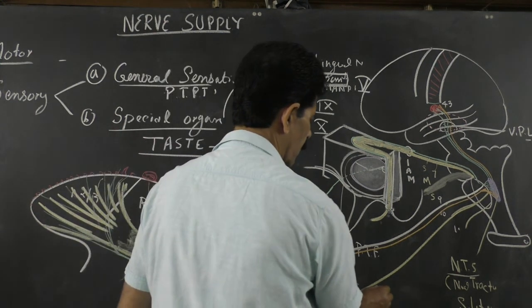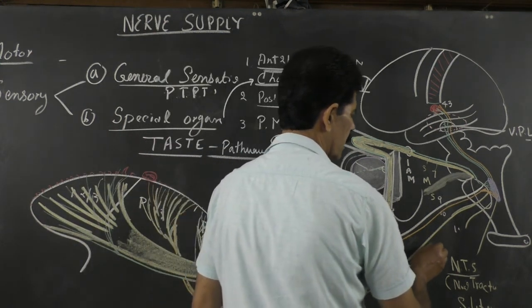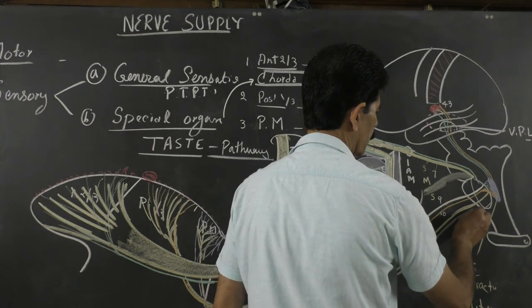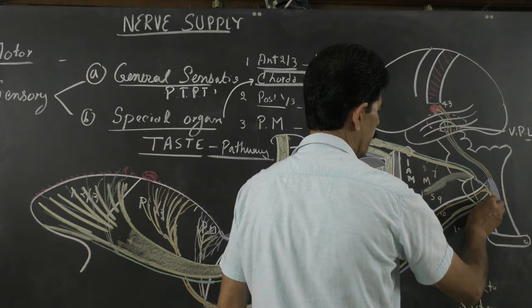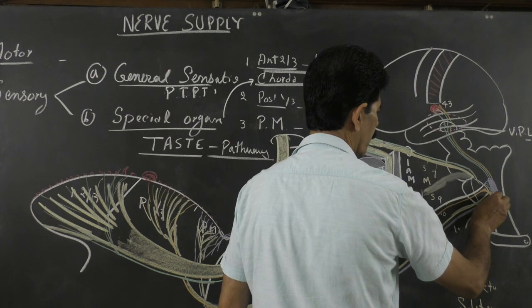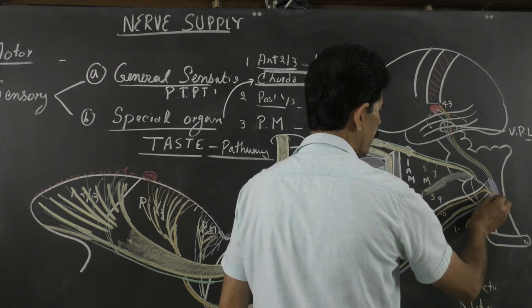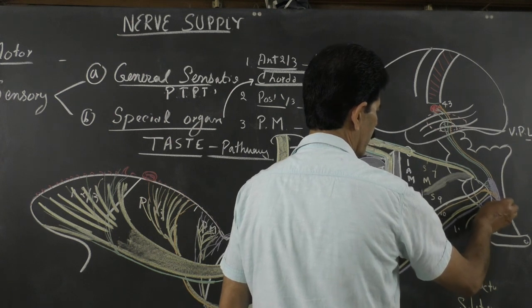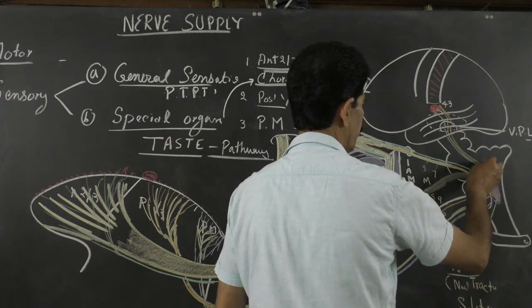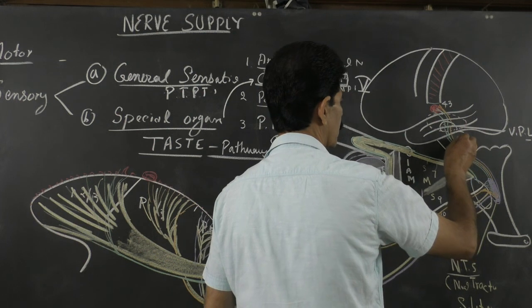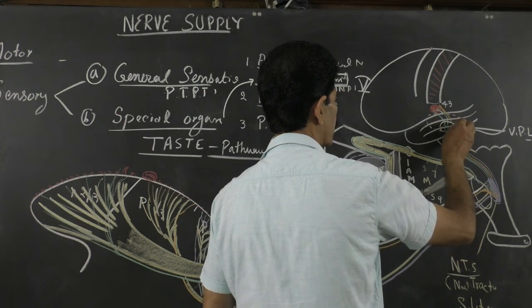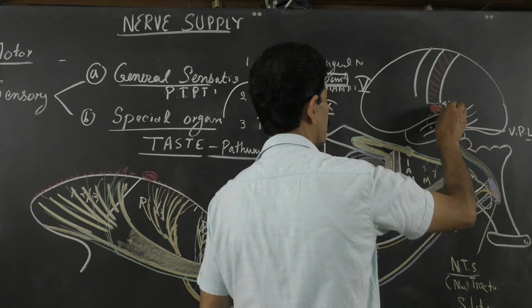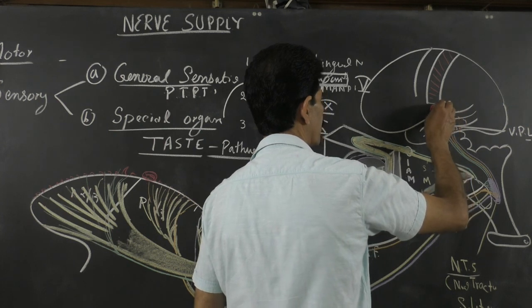And these taste fibers also go inside the brain through the exit point of the vagus nerve, and they relay in the lowermost part of the nucleus, from where the same fibers and same course as the chorda tympani, now they reach the conscious level of the brain, the taste area.